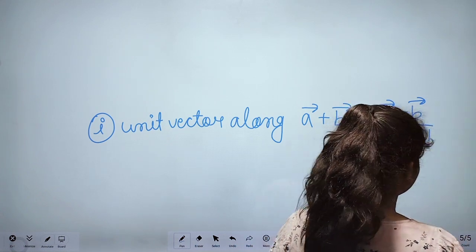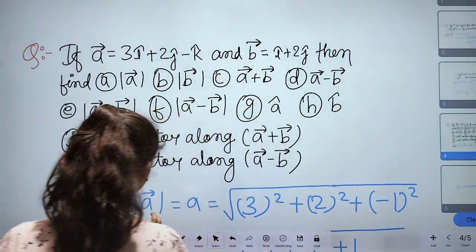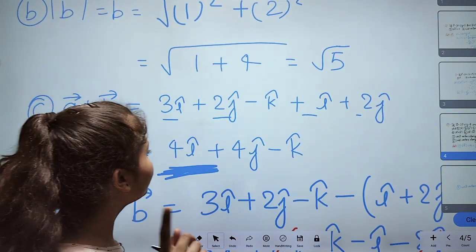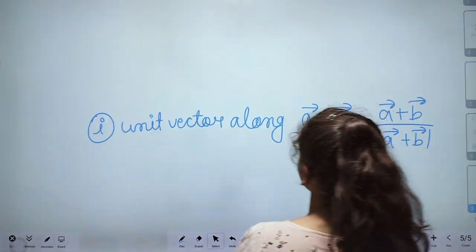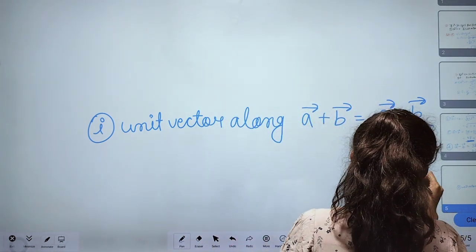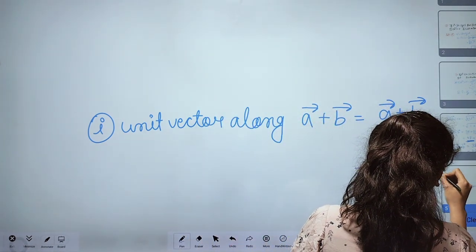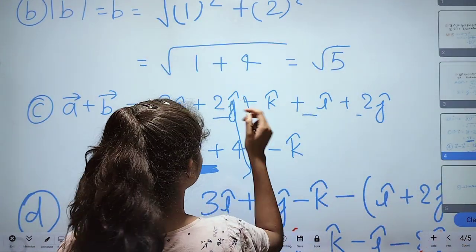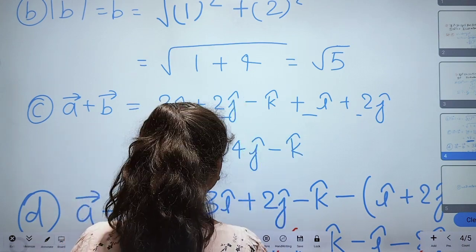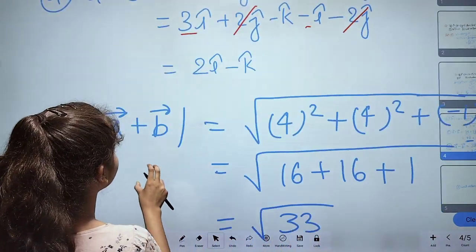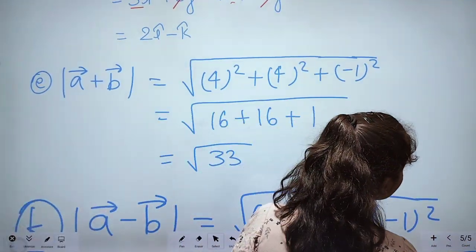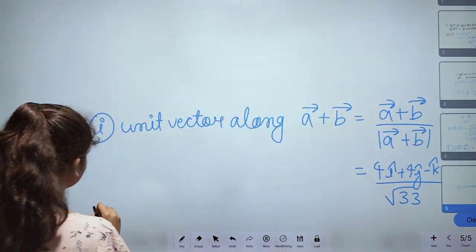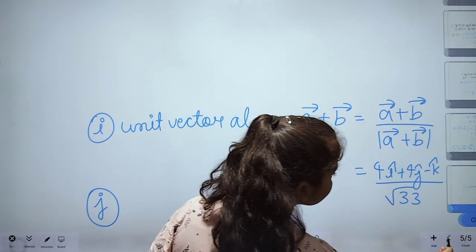And A vector plus B vector we have, yes, 4i cap plus 4j cap minus k cap, and magnitude of A vector plus B vector is root 33. So we have to write root 33.